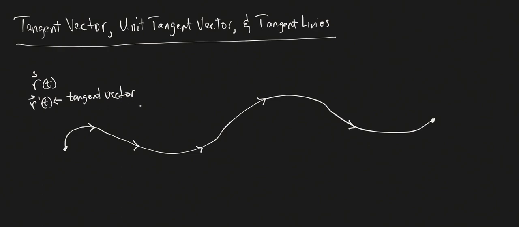Now, what does it do? As long as the curve and its derivative is quote unquote nice, and we'll make it precise in a second, if you were to find the derivative of this function at a specific value of t, the same value of t that defined this point right here, and plug that value of t into my derivative, I will get something that's tangent.